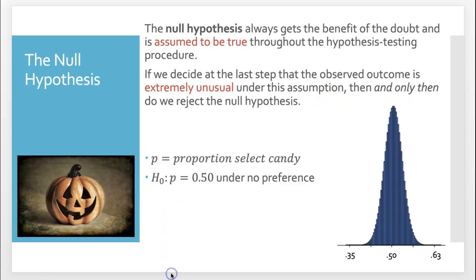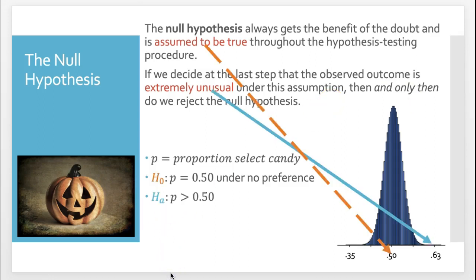All right, so just to illustrate that, that's what's going on here. We assume the null hypothesis to be true. So what does that mean? It means we're assuming that the sample proportion is going to be centered around the null hypothesis proportion, 50%. And from there, we can find the standard error of the sampling distribution and make this graph here.